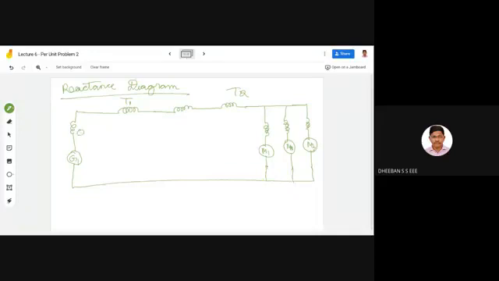It will be 0.15 J, after that 0.0689 J. For the transmission line it will be 0.3916 J. So whatever values you have got, you have to write them.